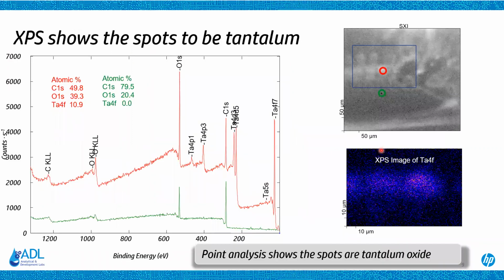But in this case, when we go through and drop the beam on that spot and then look at an adjacent background area, what we find is that the spot is in fact tantalum oxide. And then we also mapped it, and the tantalum is present in discrete spots along the surface. And that actually gave our partner a clue as to where this was occurring in their process.